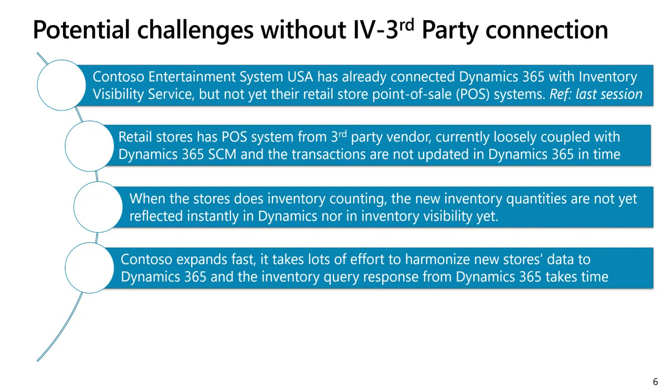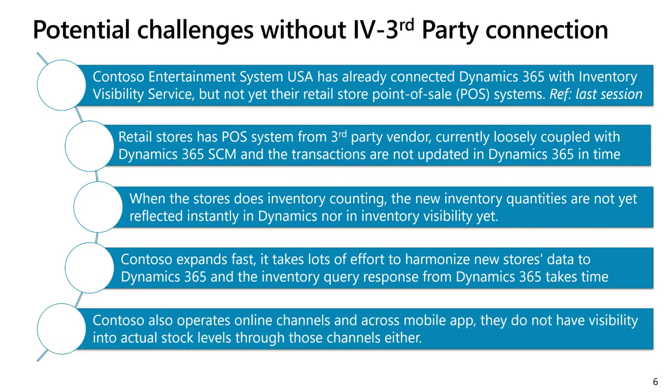Contoso expands fast, and it takes lots of effort for them to harmonize new stores' data to Dynamics 365 SCM, and the inventory query response from Dynamics 365 SCM takes quite a long time. Lastly, Contoso also operates across other channels, for example, online, and they also accept orders from the mobile app.